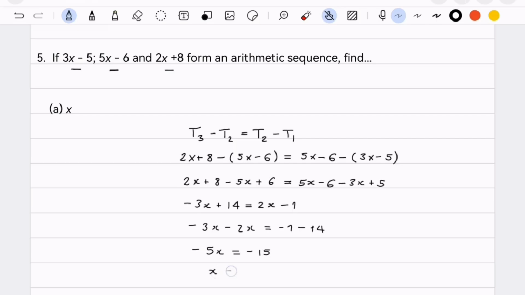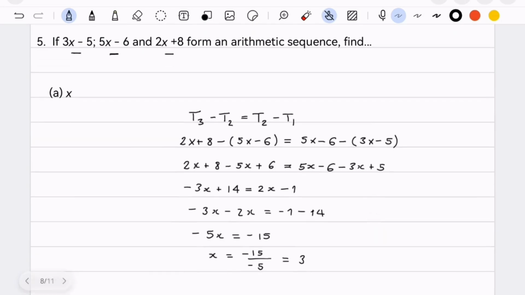So x equals minus 15 divided by minus 5, which is going to give us what? Positive 3. Therefore, x equals 3.